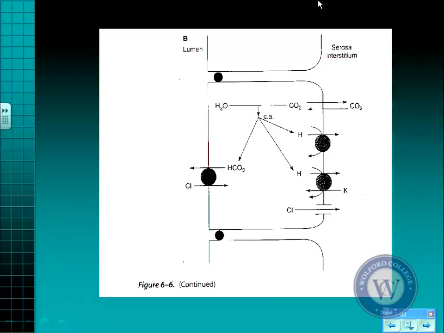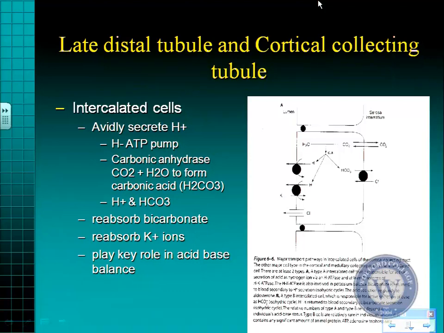Which one has more? The intercalated cells. There's a lot more of them, because the normal process of metabolism is to produce hydrogen ions, so it makes sense that you need to waste them. You would have a lot more intercalated cells in your kidney under normal circumstances. But at the same time, you have situations where you form excessive amounts of bicarb sometimes, and then the body's got to get rid of it.